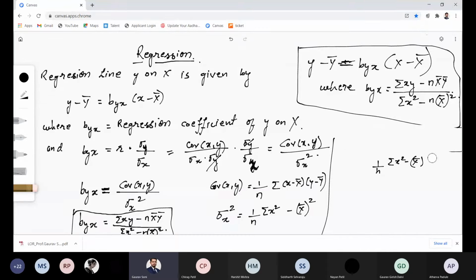One more thing that I want to bring to your notice is that when I am having y on x, so regression line of y on x, the coefficient is byx. So if y is on x, then y is written first. Similarly, the next point that I'm going to see is the regression line of x on y.